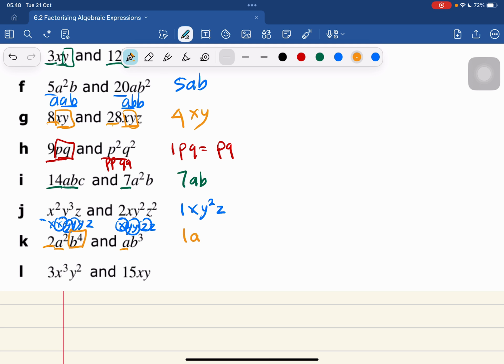B to the power of 4 and b to the power of 3, so the highest common factor is b to the power of 3. As this is multiplied by 1, we can just write xy squared z. This also is multiplied by 1, so we can just write a b to the power of 3.